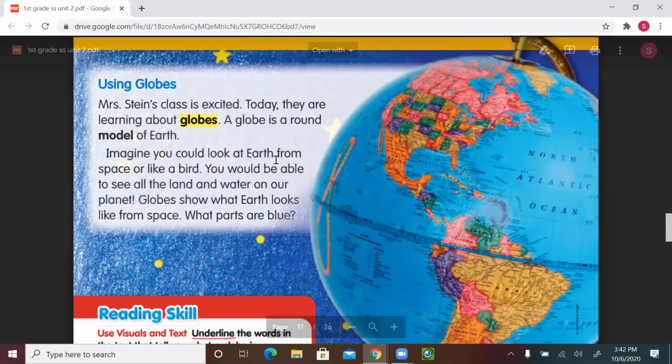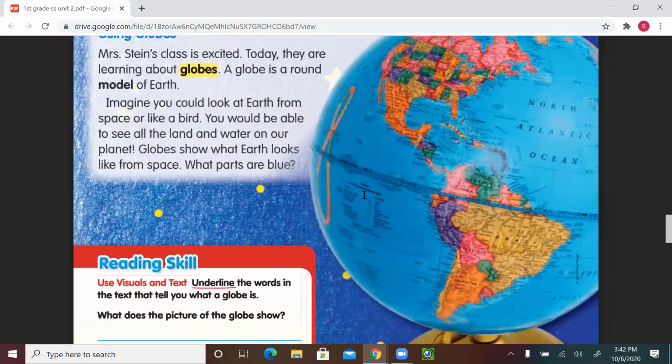Imagine you could look at Earth from space like a bird. You would be able to see all the land and water on our planet. Globes show what Earth looks like from space. What parts are blue? What do you think? Blue stands for, yes, water bodies. So it could be oceans, rivers, gulfs.